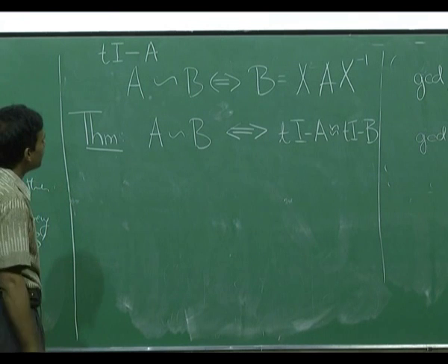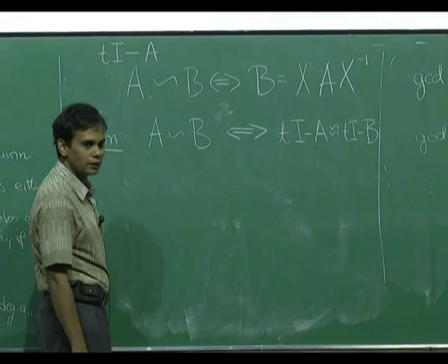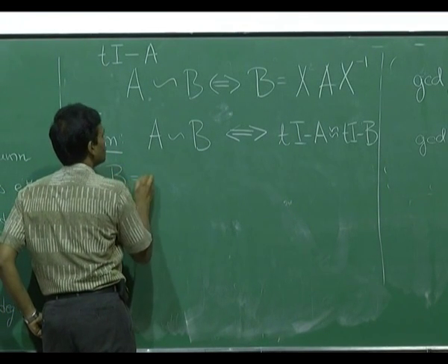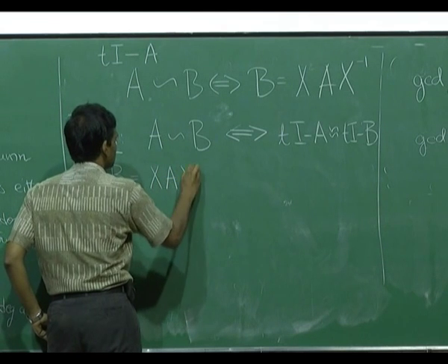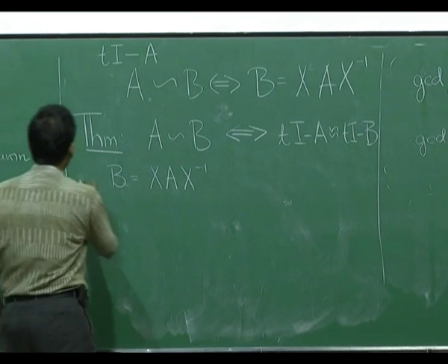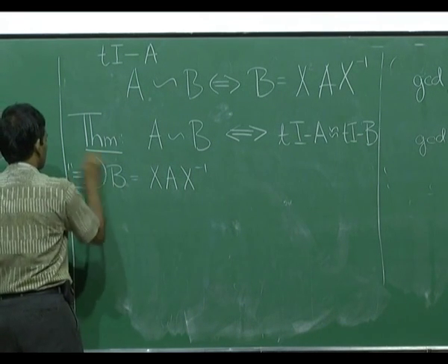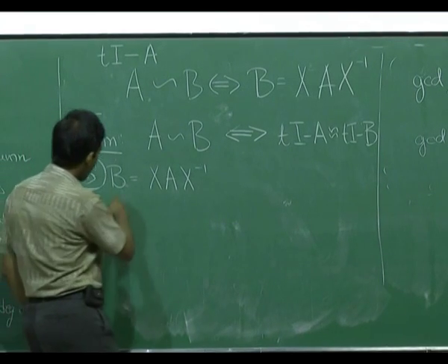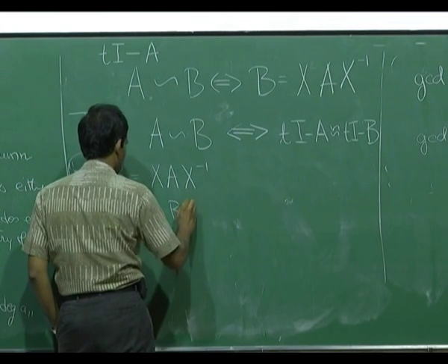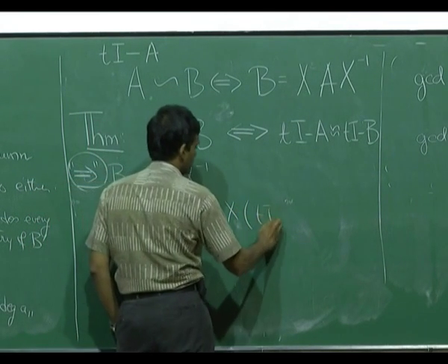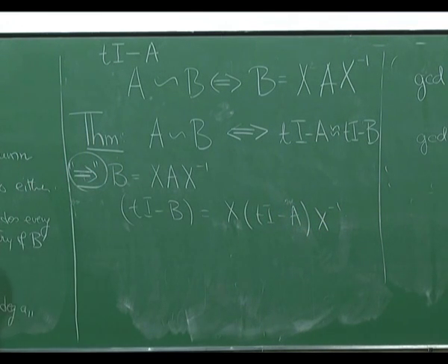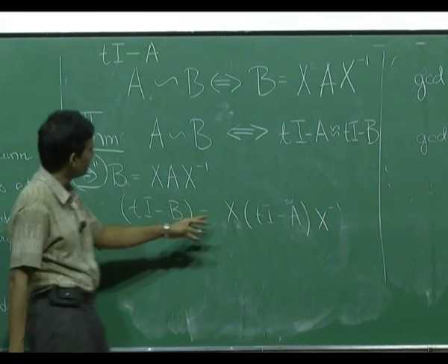One part of this theorem is quite easy. Suppose A is similar to B. Okay, so A is similar to B means that B is equal to X A X inverse. So I'm proving this part. If A is similar to B, then I can write Ti minus B is X times Ti minus A times X inverse. Right, and this X is a constant matrix, of course.